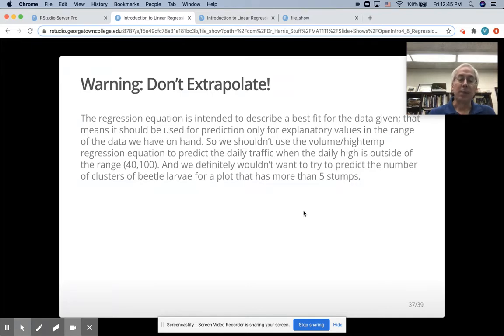And since our stump data only went between plots that had between 1 and 5 stumps in them, we wouldn't want to use the regression equation to try to predict how many clusters of beetle larvae there would be on a plot that has more than 5 stumps. This is called extrapolation, trying to use explanatory values outside the range of the values in your data set for prediction purposes. We don't want to do that.